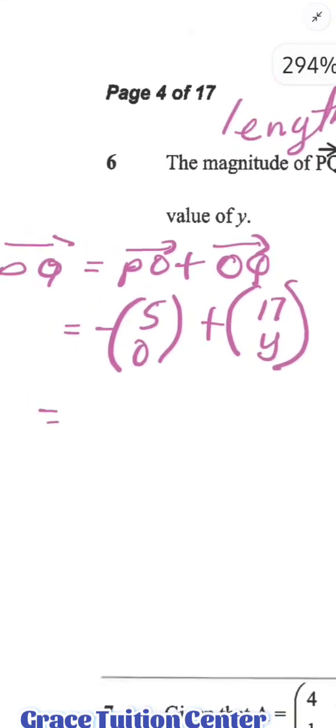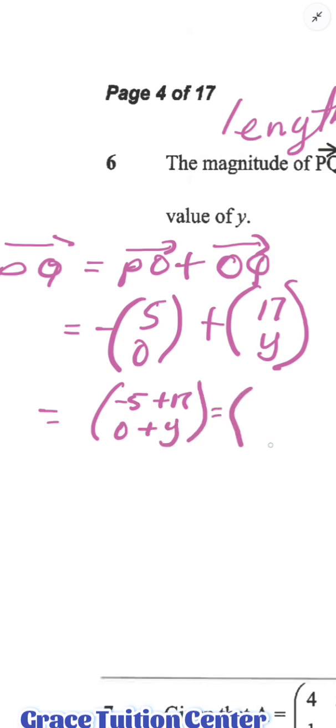I'll say negative 5 plus 17. I add the top numbers. Then we have 0, which can either be negative or positive. So it's just 0 there. 0 plus y.